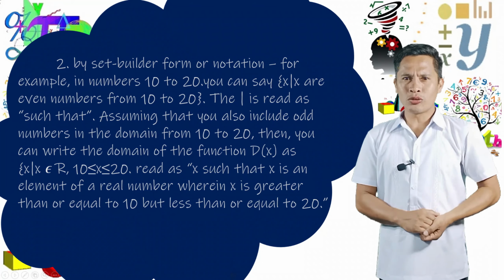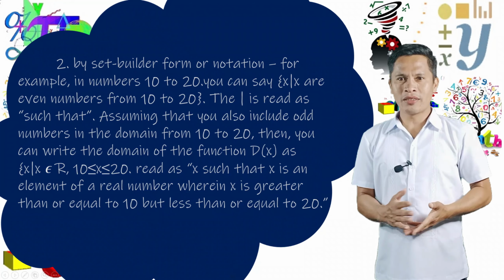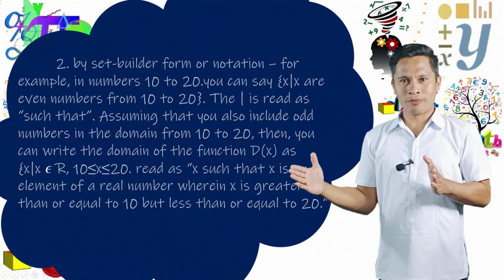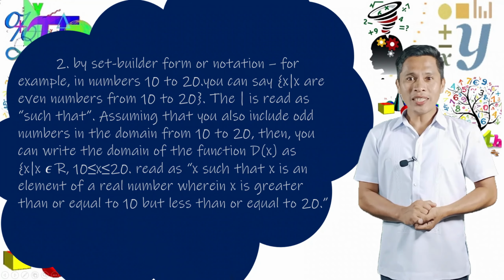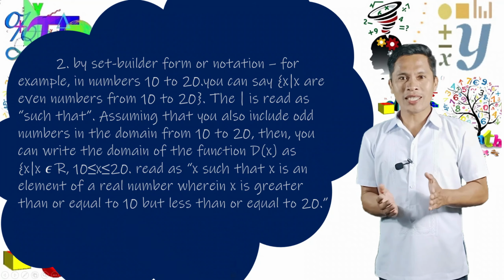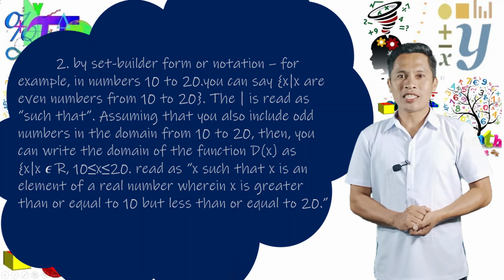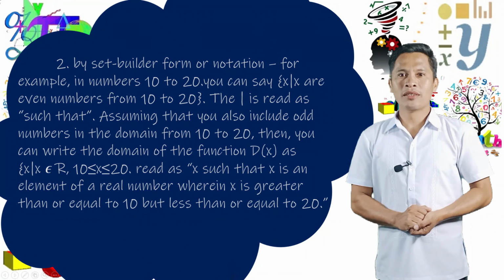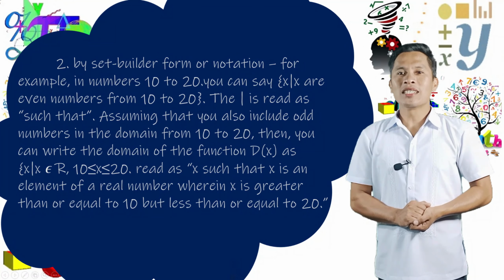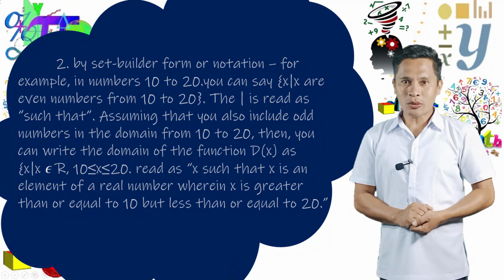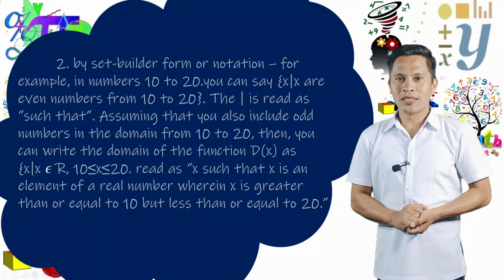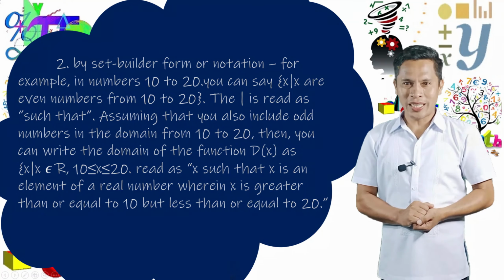Assuming that you also include odd numbers in the domain from 10 to 20, then you can write the domain of the function d sub x as x such that x is an element of real numbers, x is greater than or equal to 10 but less than or equal to 20.